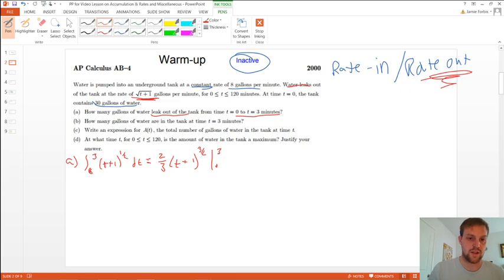If I plug 0 into that, 0 to any power is 0, and it just cancels out. So really all I need to do is plug 3 in. So this is equal to 2/3 times 3 plus 1, which is 4, to the 3/2.